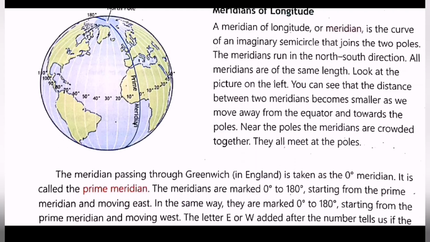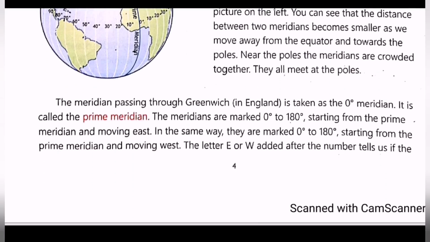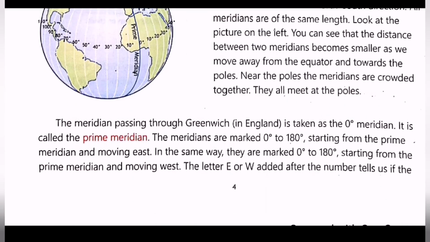The meridian passing through Greenwich in England is taken as the 0° meridian. You can see the prime meridian, जिसको बोलते हैं 0° meridian, in the picture, passing through Greenwich in England. It is called the prime meridian, the main meridian.